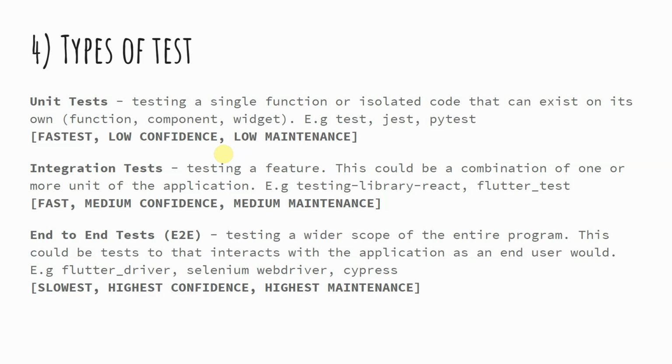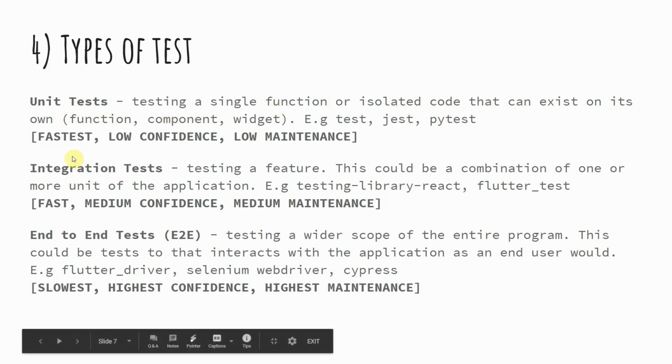When you call the function, you pass in a string of lowercase characters, and you should expect the result to be a string of uppercase characters. So that single unit is isolated and it can work on its own. Some of the things that can work for unit tests are functions, components, and widgets. And the order in which I arrange these things is very important.